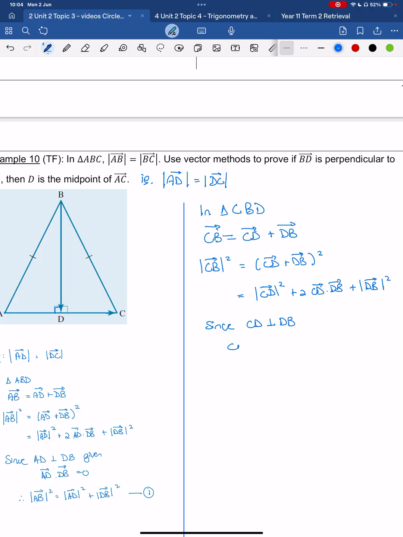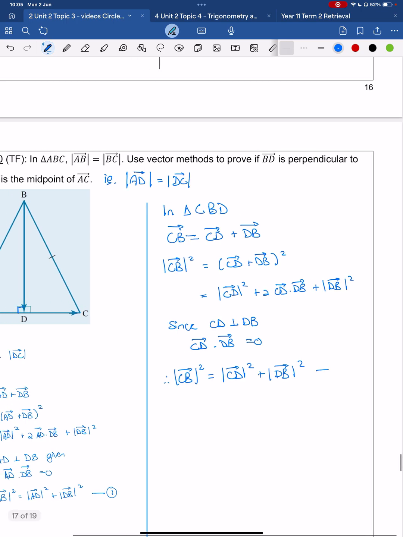I can say that CD dotted with DB equals 0, so therefore the magnitude of CB squared is the magnitude of CD squared plus the magnitude of DB squared.